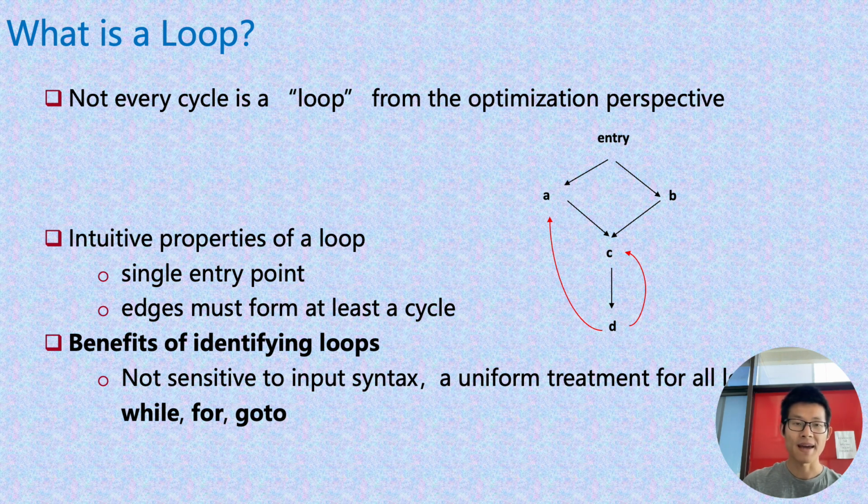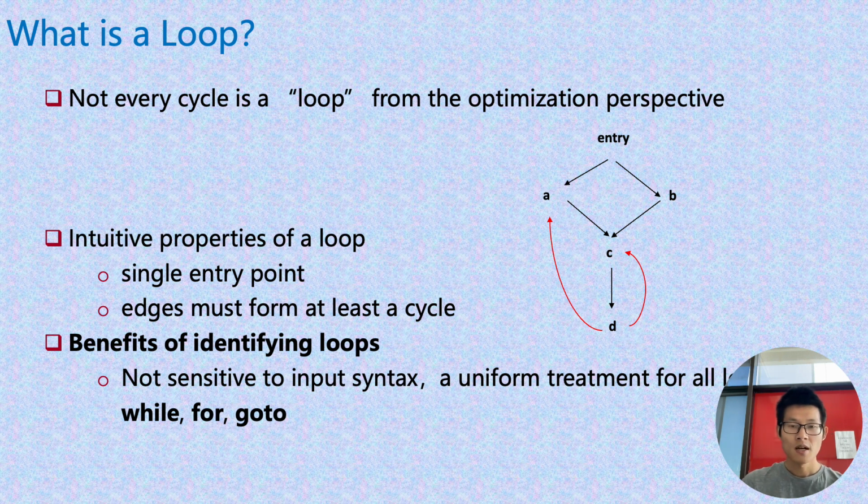One is formed by A, C, and D, and the other is formed by C and D. Here, A, C, D cannot be called a loop because it has two entries, node A and node C. So there are some intuitive properties of a loop. A loop should have only a single entry point, and the edges in the loop must form at least one cycle.